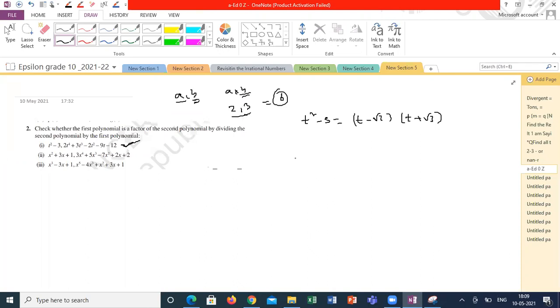Check whether the given polynomials are factors of the second polynomial or not. You just have to identify whether the remainder is 0 or not.